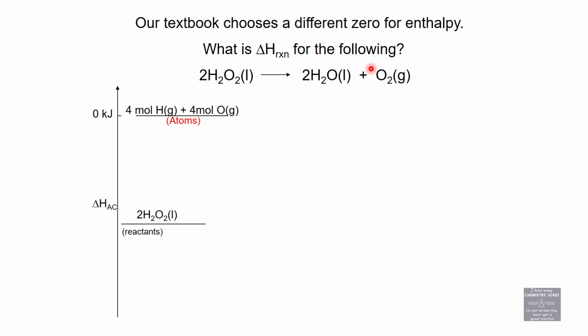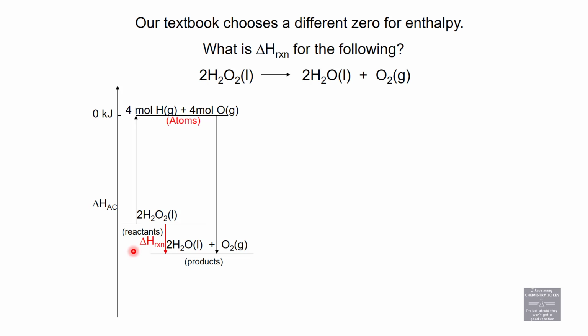The products, if I actually look up the values and sum them up, the products have an enthalpy value that's lower than the reactants. So because I know that I'm going to go through the transition reactants to atoms, atoms to products, I can put my up arrow over there and my down arrow over here, but the net transition is from reactants to products.